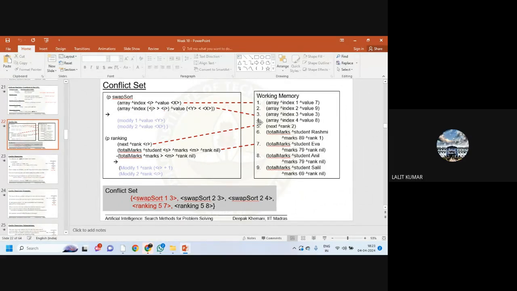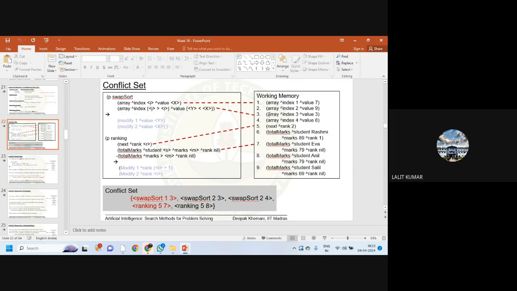Now one by one, for example pattern one, we take WME1: index 1 and value 7. For the second pattern we take index j one by one. Index 2 value is 9, but 9 is not less than 7, so it does not fulfill this criteria.